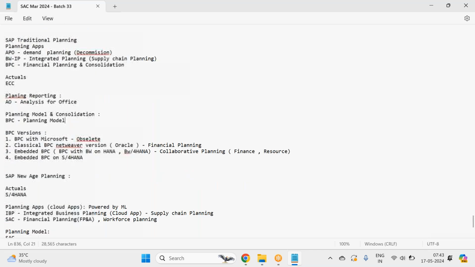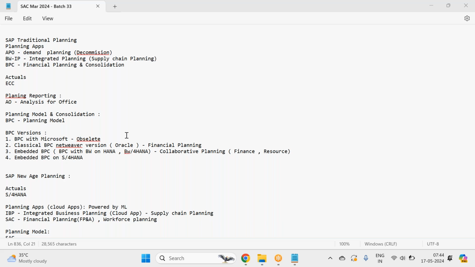Even if I go to BPC, guys, there are multiple versions of BPC. Like we got BPC with Microsoft version, which went obsolete; no organization is using it. Then in NetWeaver versions, we got classic BPC NetWeaver version, which is built on Oracle database. It is majorly used for financial planning.